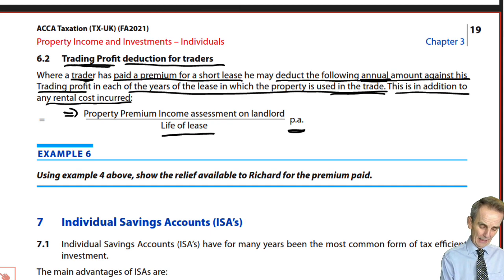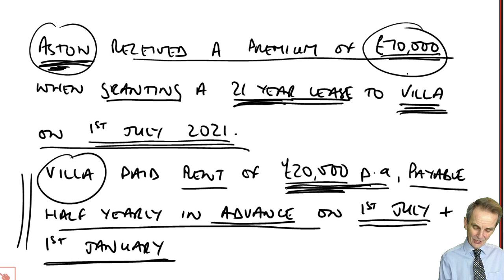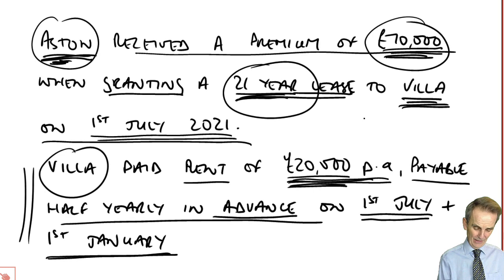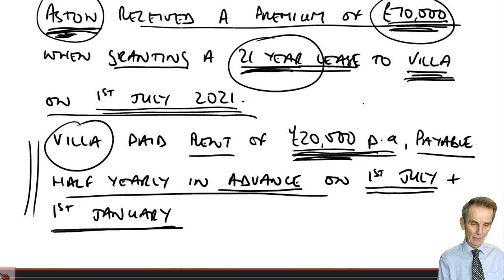So if I take you back to the example, Aston had received the premium of 70,000 on a 21-year lease. Villa, therefore, had paid out on the 1st of July 21 not just the first rental payment, but also this £70,000 premium.